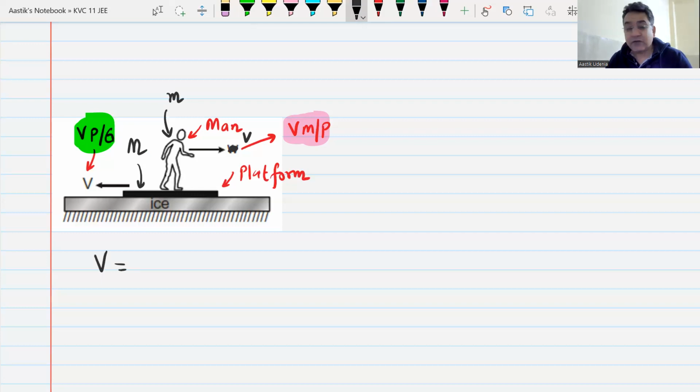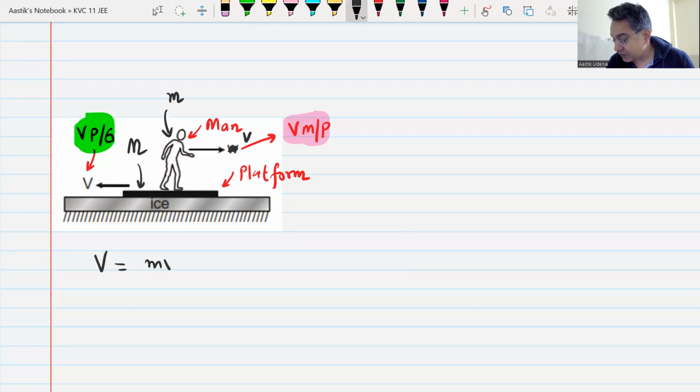Can anyone tell me the formula, since I have told you so much that it is the same case? What will be the value of capital V? No one knows it?